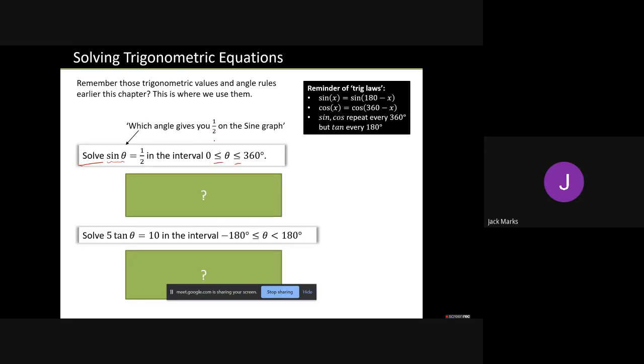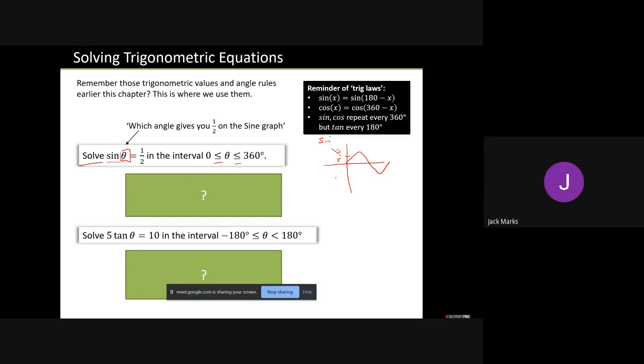So what do you actually have to do? Yeah, we'll draw one here. This question is asking you, when does a sine graph, or more precisely, which angle, which number of degrees, when you put it into a sine graph, will give you an answer of a half?